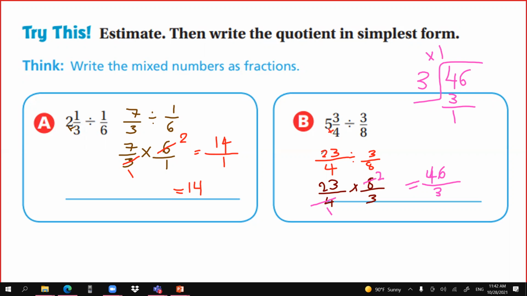The remainder is 1. The remainder will be 1. So now how do we write it as a mixed number? Yes, 15. Bravo. And 1 out of 3. Thank you.